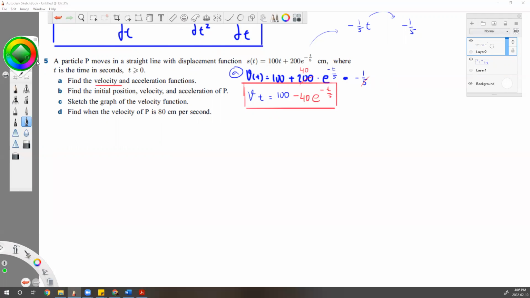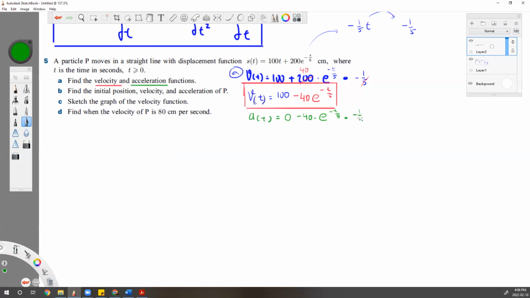Now we go to the green part, acceleration. So acceleration is the double derivative of s, or the first derivative of v(t). So a(t) equals, sorry, I need to put the bracket here. The bracket is extremely important. The derivative of 100 is 0, right? And minus 40 times, again, the e will be unchanged at any cost, e to the power negative t over 5, times the inside also.